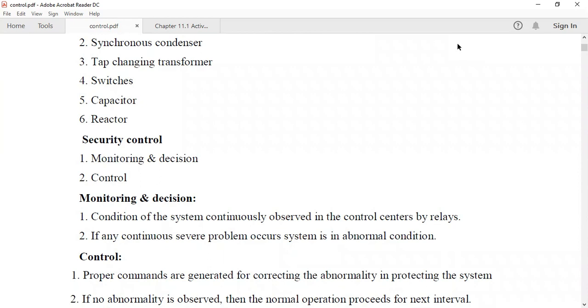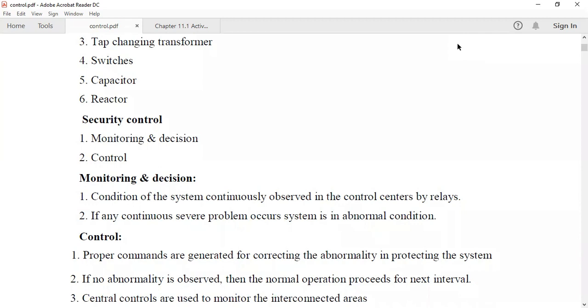Then monitoring and decision. The condition of the system is continuously observed in the control centers by relays. With the help of relays, different parameters are continuously monitored and observed. Based on the signals given by the relays, the protective system will come into the picture, and it will protect different sections of the power system.